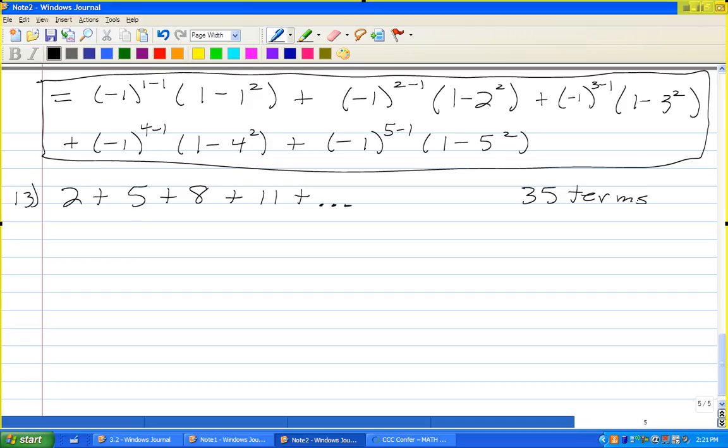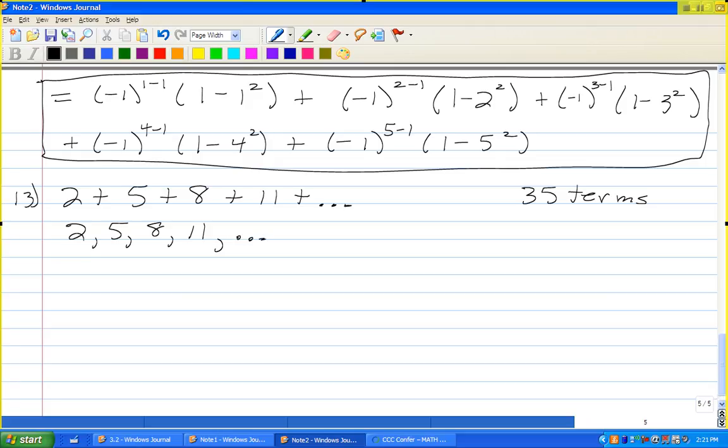In exercises 13 through 18, write the series in sigma notation. Okay, so the first thing I have to do is I have to discover the underlying sequence. And so if I look here, I have 2, 5, 8, 11. So this looks like an arithmetic sequence. Because you keep adding 3.